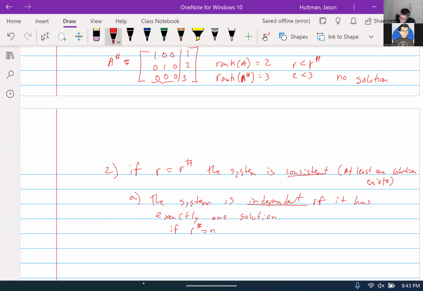The rank of my augmented matrix. So if the rank of my augmented matrix is N, remember A is an N by N matrix. Our coefficient matrix is a square matrix. So if the rank for our augmented matrix stays at N, this is the number of columns in A.